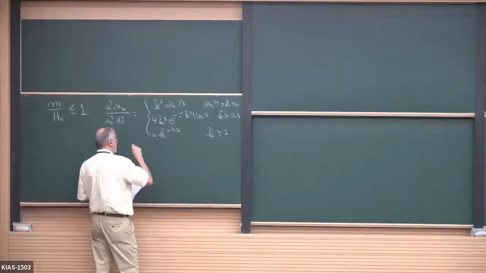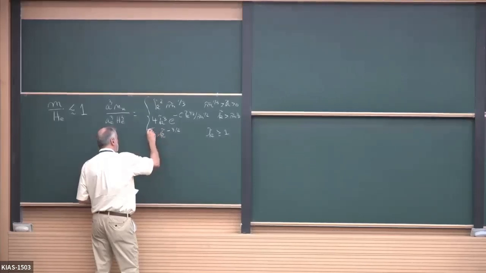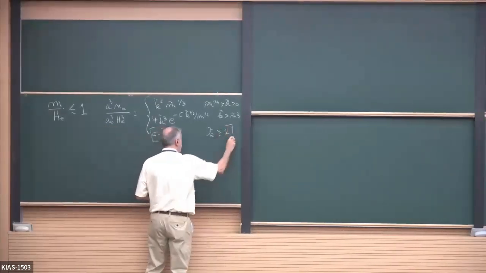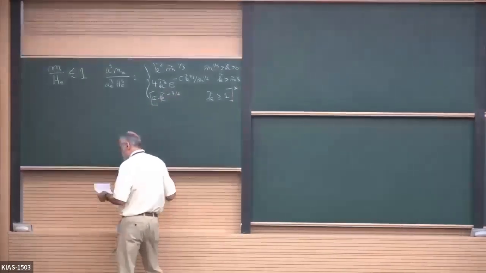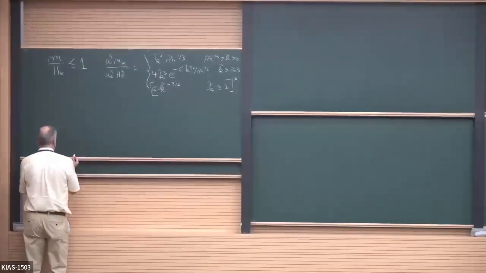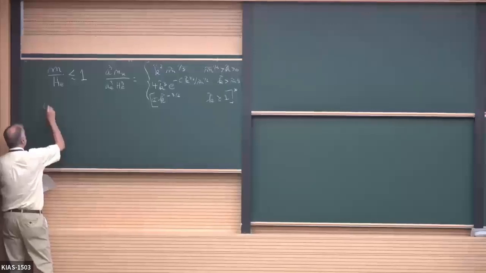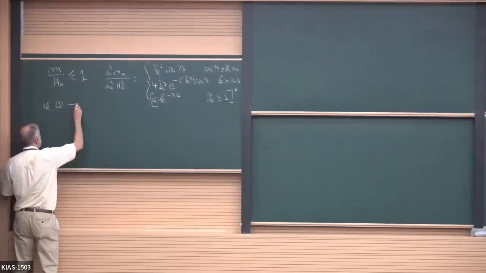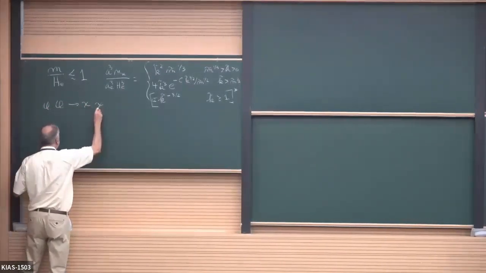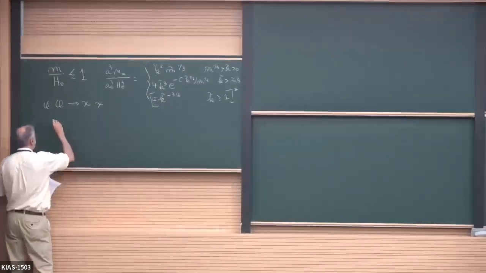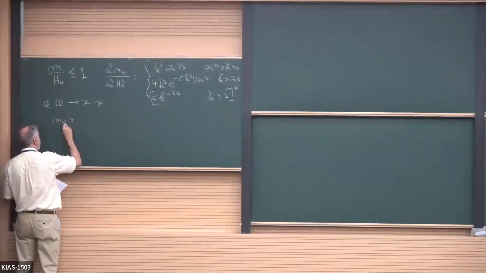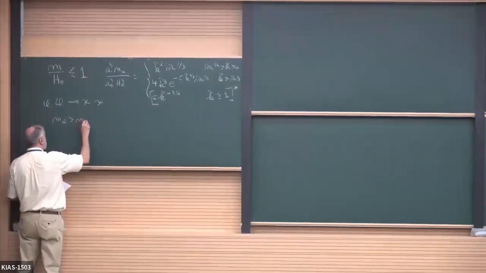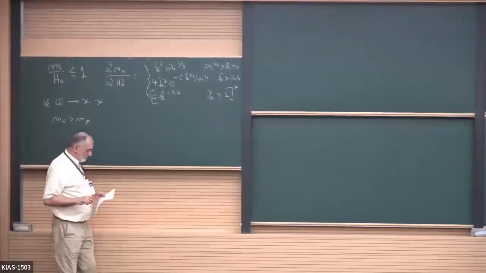Now I'll put an asterisk here, because if we're doing 2-to-2 scattering, so if we're considering phi to chi, we have to have the mass of the phi, the mass of the inflaton, larger than the mass of the chi.